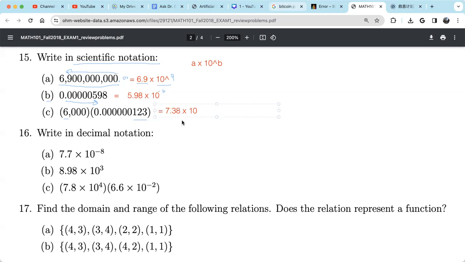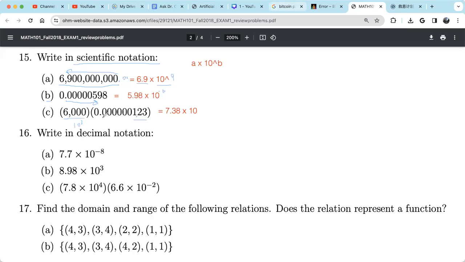1 and 10. Now, what's the exponent of 10? So we need to figure out the exponent of 10 here. We have picked the 6, right? So 6,000 is 6 times 10 raised by 3. So out of here, we get a 10 raised by 3. And out of here, we have moved the decimal point to after the 1.